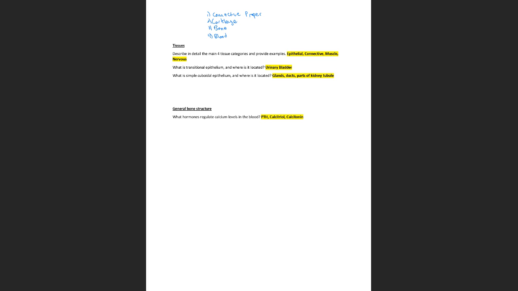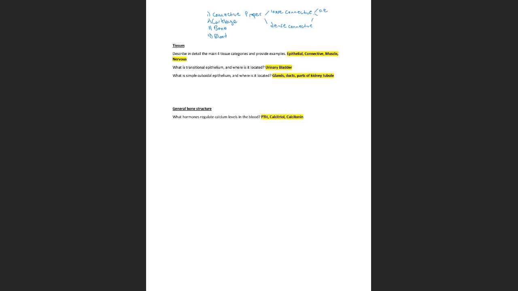Now, connective tissue proper is further divided into loose connective tissue and dense connective. Loose connective tissue is further subdivided into three categories.